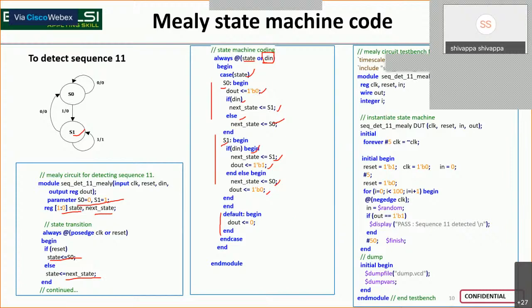With the Moore, the same test bench can be used. The outputs are same. Verify this Mealy circuit also with the test bench, because the inputs and outputs are the same and the sequence you want to detect is the same, right?